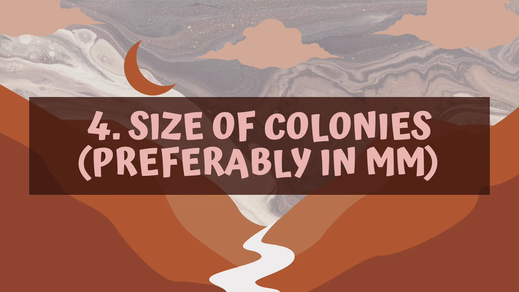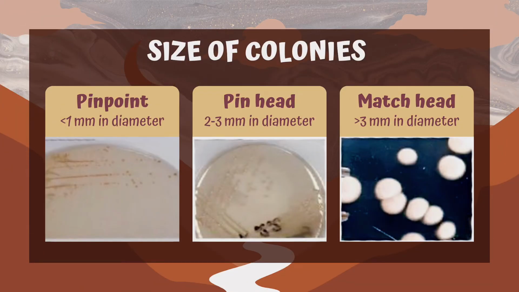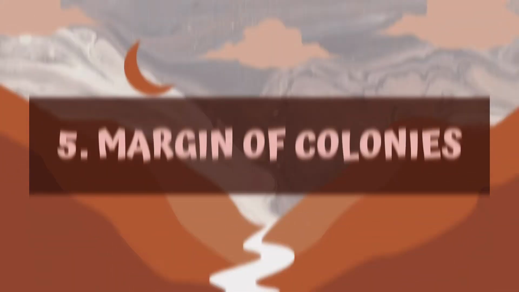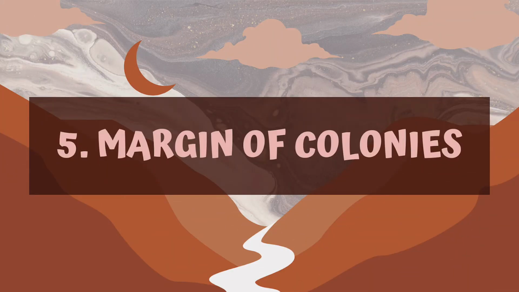The fourth characteristic is size of colonies, preferably in millimeters. First one is pinpoint, pinhead, and matchhead. Now, for the fifth characteristic, we have margin of the colonies.